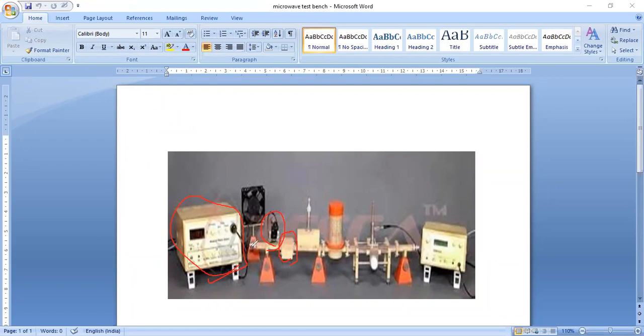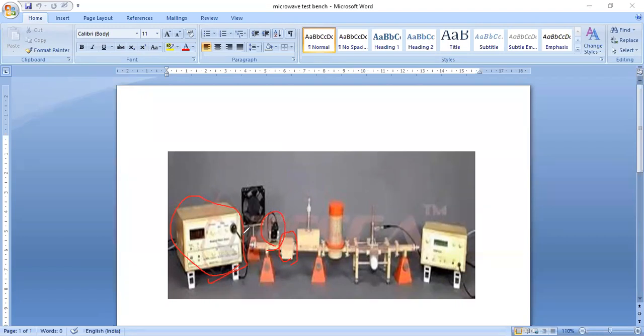Backward radiation is not at all possible. So why after the reflex klystron generally an isolator is placed? In order to protect this supply or the reflex klystron from the backward wave, generally at the source an isolator is placed.